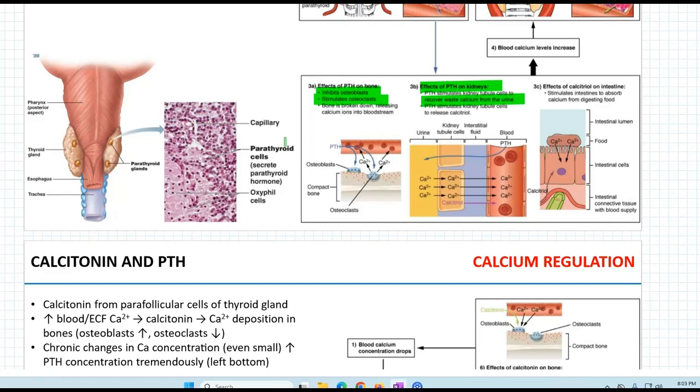And then there's an effect of parathyroid hormone in kidneys, so that they release calcitriol, also known as vitamin D.